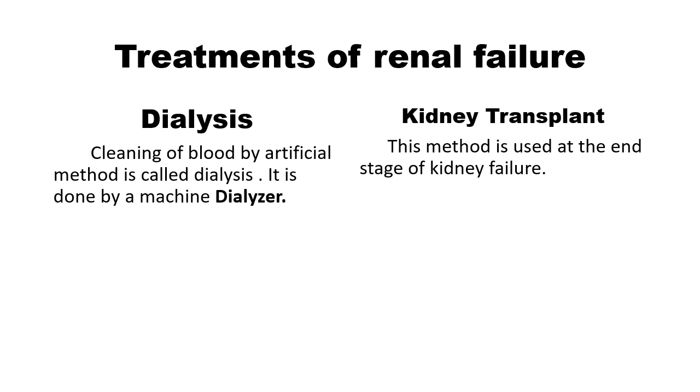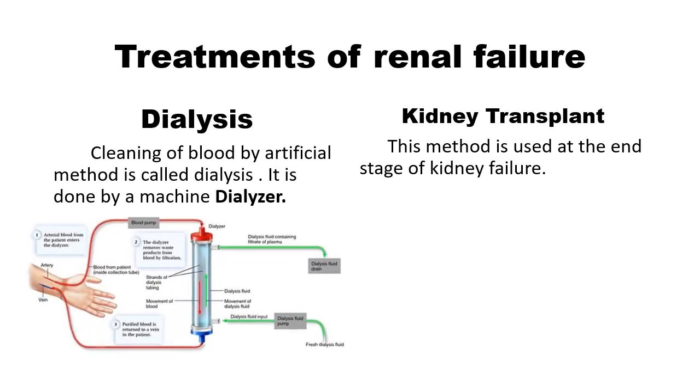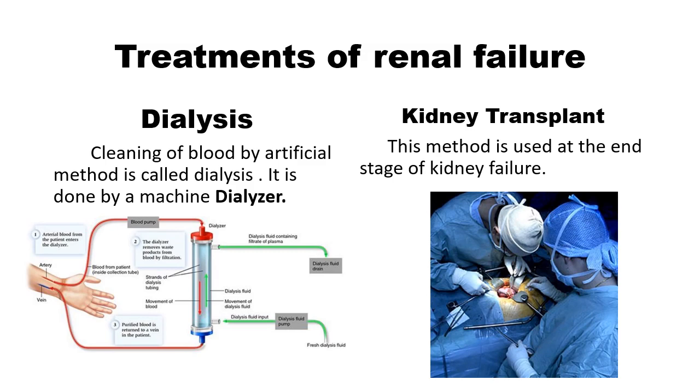This method is used at the end stage of kidney failure. Now, this diagram is of a dialyzer machine which shows the dialysis process, and the second diagram shows a kidney transplant taking place.